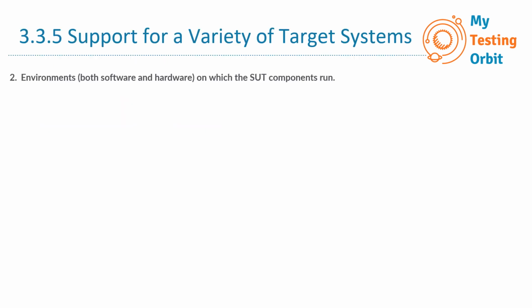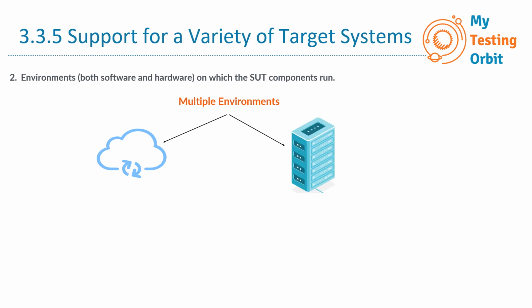All right, so the second point is environments, both software and hardware on which the SUT components run. The software can be deployed in multiple environments, such as cloud-based servers, or it can be on-premises data centers. So different clients may choose various hosting options, impacting the performance, scalability, and reliability of the application.